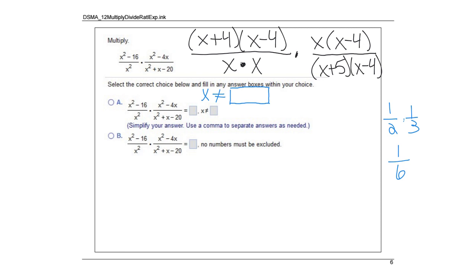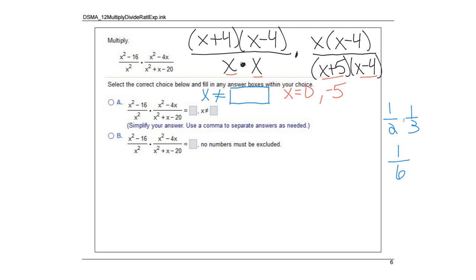Because I don't want to start crossing anything out until I look at my denominators. Well, I have an x here and an x here. So if I come down here and set x equal to 0, that's going to be one of my exclusions, right? If I put 0 into this first term, I'd be dividing by 0, and that is a problem, right? That's undefined. Then I'm going to look at x plus 5. So that's going to give me -5, right? -5 would be another problem child that would cause my denominator to equal 0.